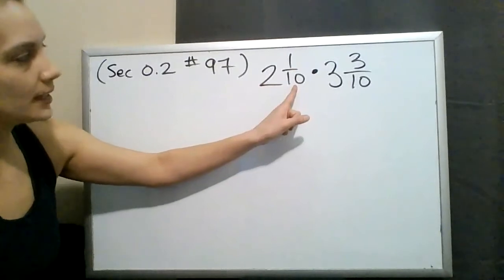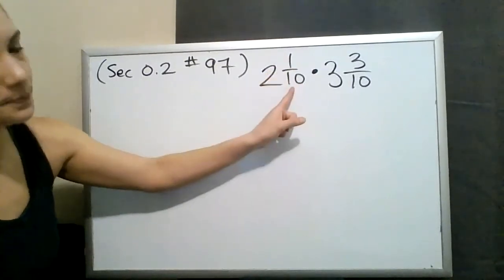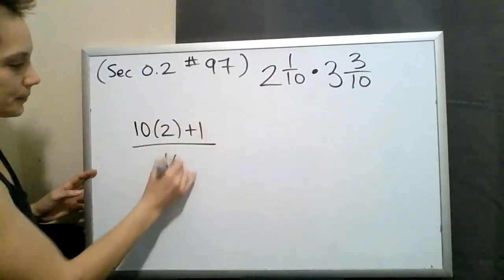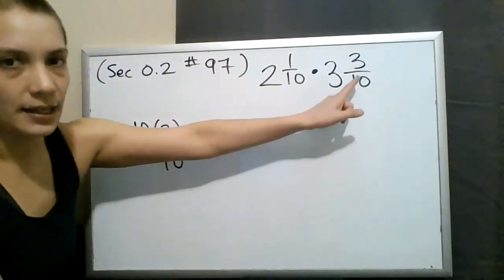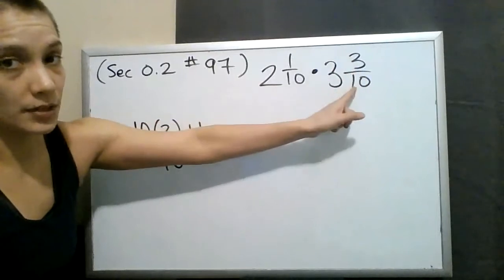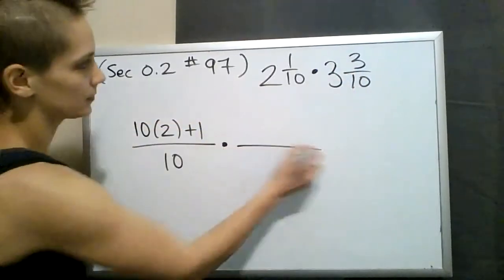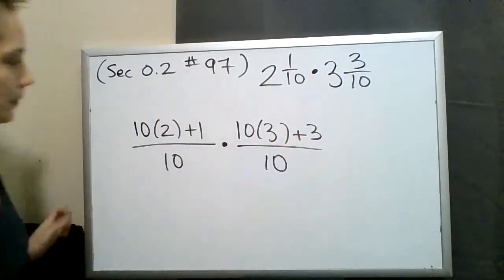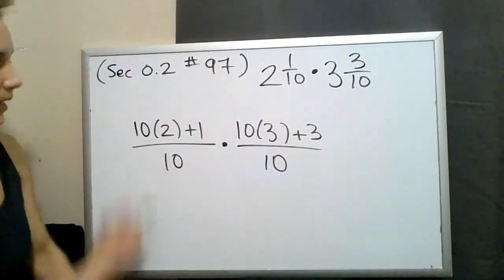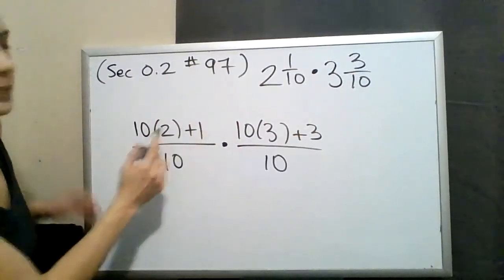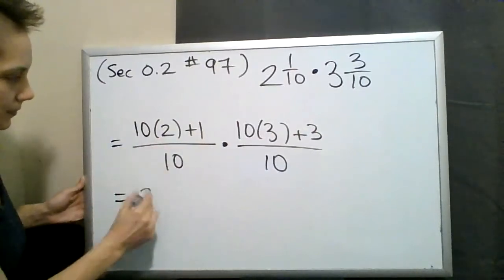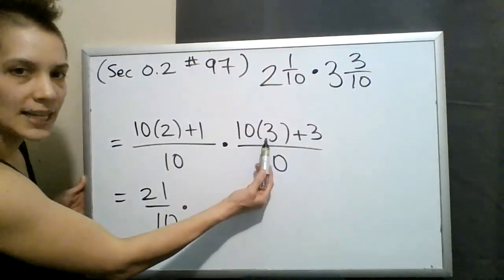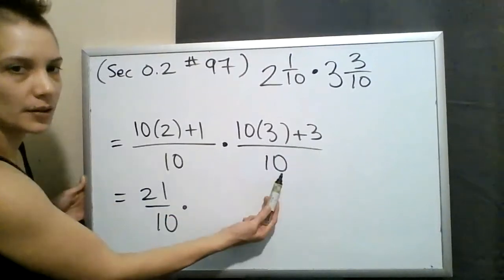You write this. It's 10 times 2 plus 1 over 10. And kind of the same thing. 10 times 3 plus 3 over 10. So we have 21 over 10 multiplied with, want to multiply first, 30, then add 3, 33 over 10.